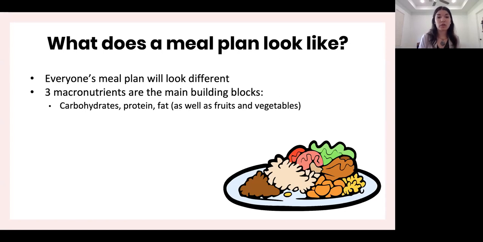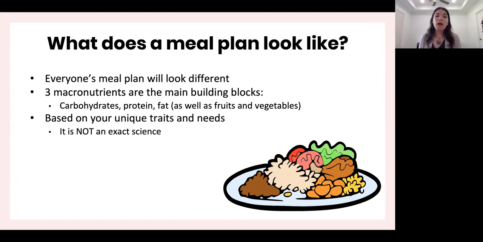We need protein as a building block for our bodies and to rebuild tissue and muscles. Protein is very important, and fat is also very important, so our brain is functioning well, our skin is looking nice, and our hormones are working properly. Those are the main building blocks that we use for the framework.